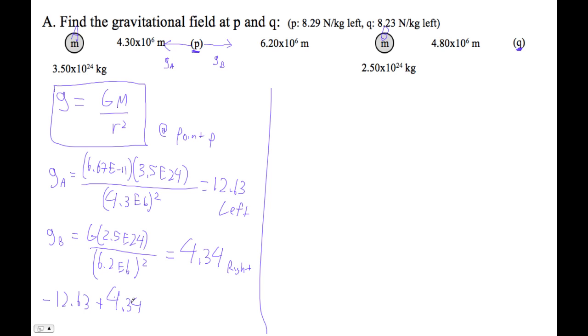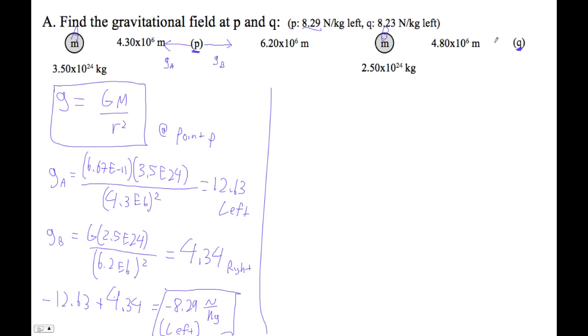Okay, so hold on, opposite of this plus this other guy, and I get negative 8.29, and this is newtons per kilogram, and this would be to the left in parentheses. Okay, so we got that.